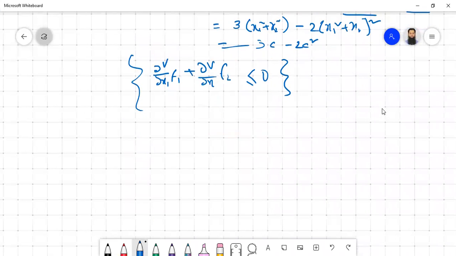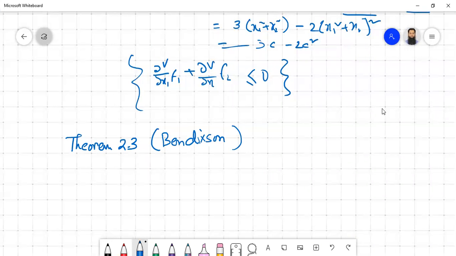The Bendixson theorem, theorem 2.3, says that for a nonlinear system, no limit cycle exists in the region omega of the phase plane in which del f1 by del x1 plus del f2 by del x2 doesn't become 0.